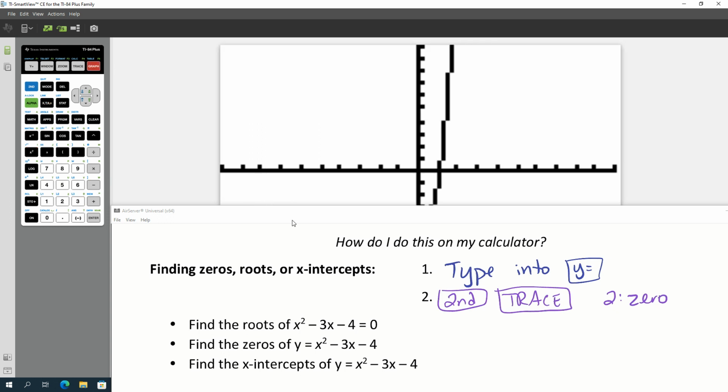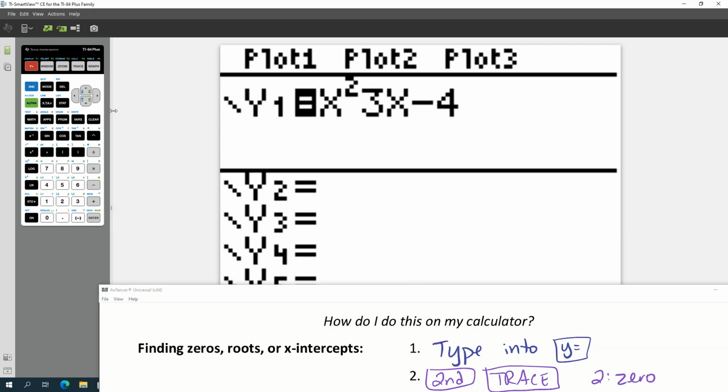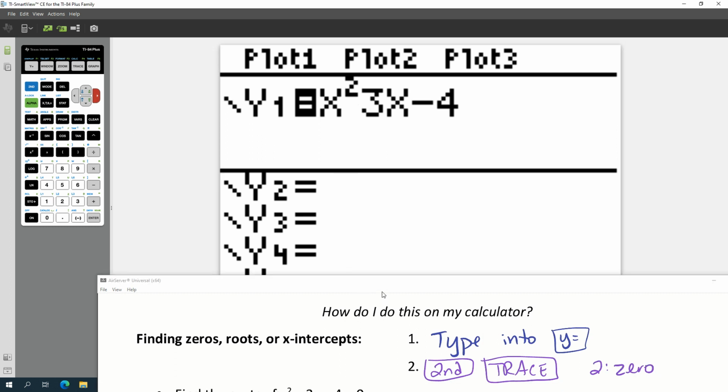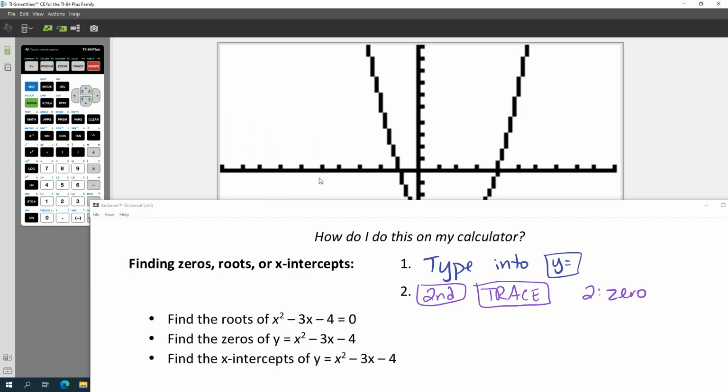All right, and then I'm going to look at the graph. The minus button just does not want to push. There we go. Okay.